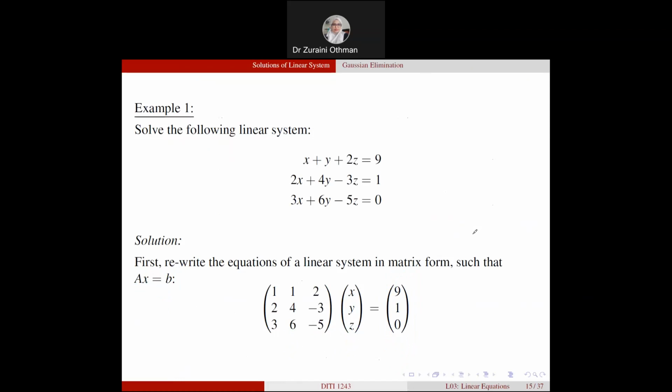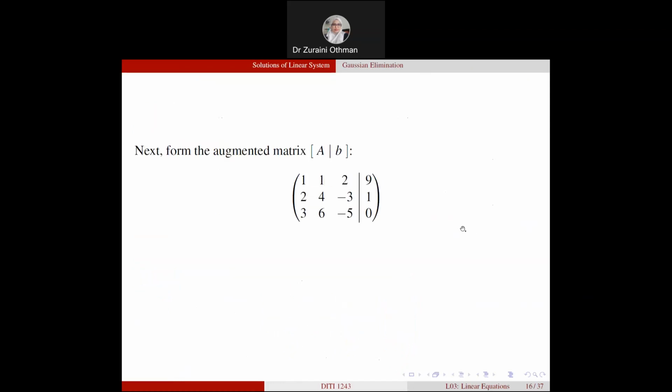Now we move on to using Gaussian elimination. How to solve it? We have the matrix A and the matrix B, and we put them side by side together like this.